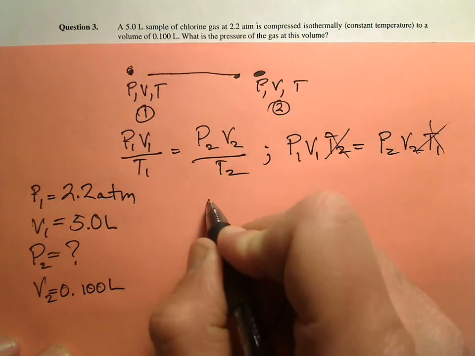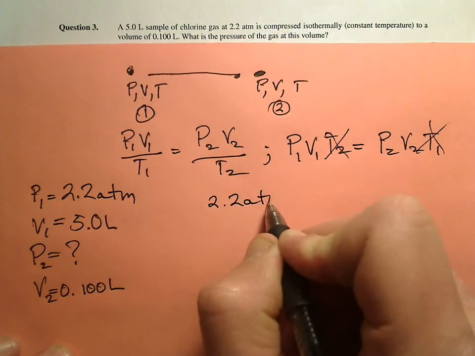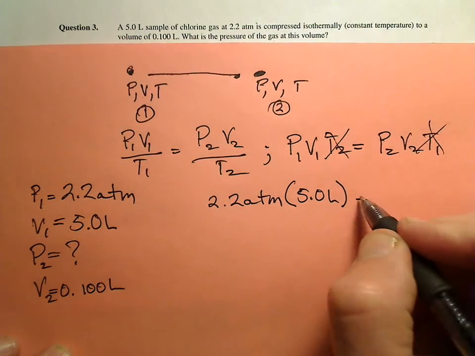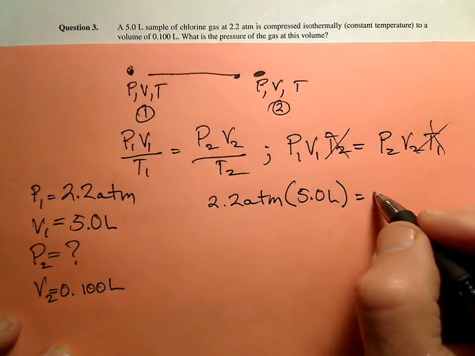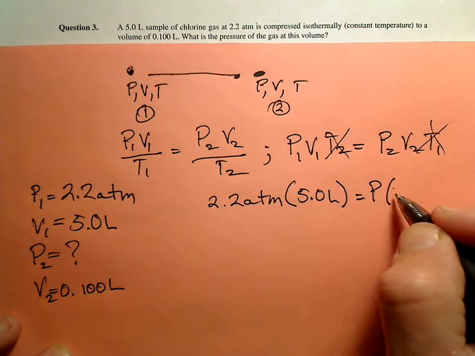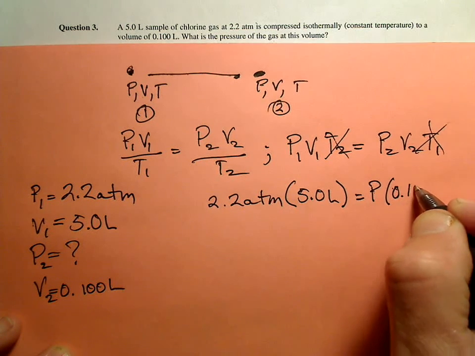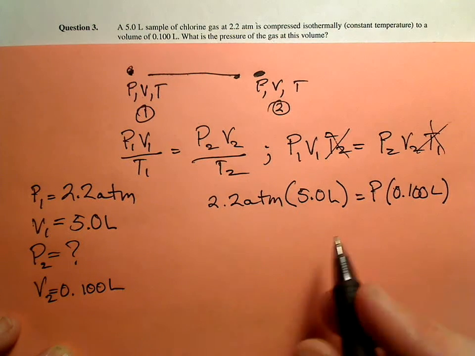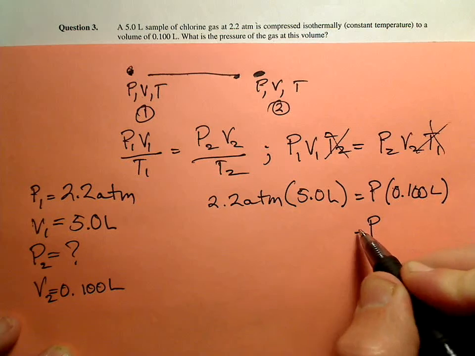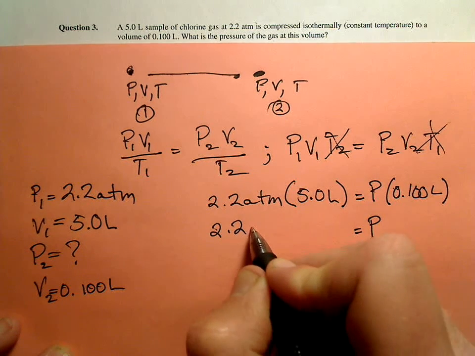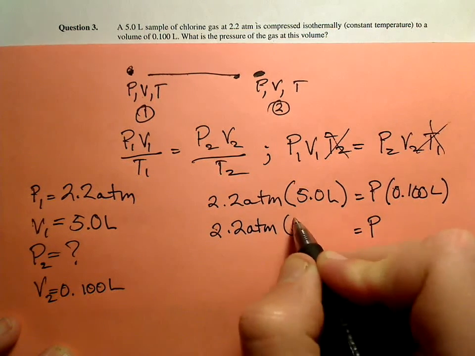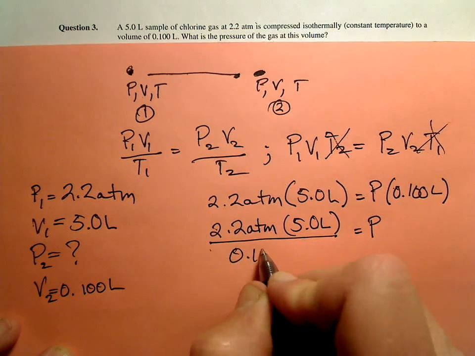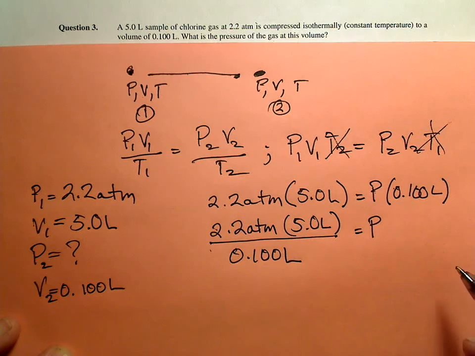So P1 is 2.2 atmospheres. V1 is 5 liters. That is equal to P2, which we're solving for, times V2, which is 0.100 liters. So P is equal to 2.2 atmospheres times 5 liters all over 0.100 liters.